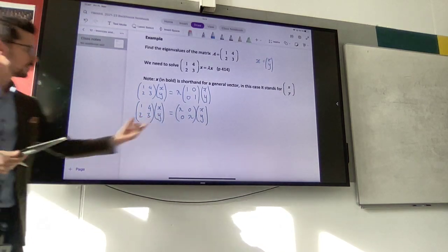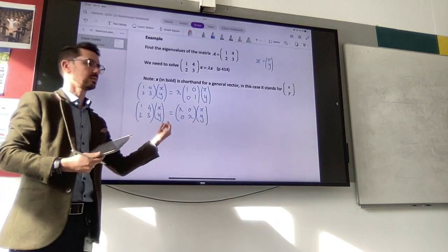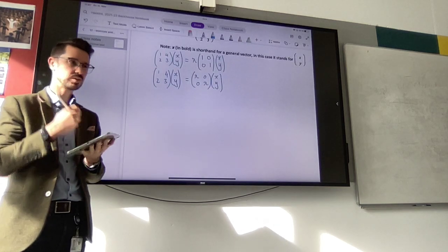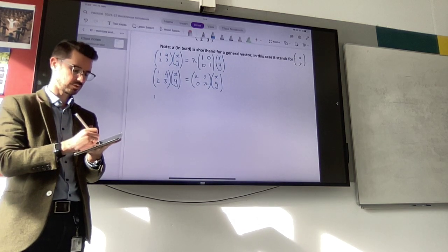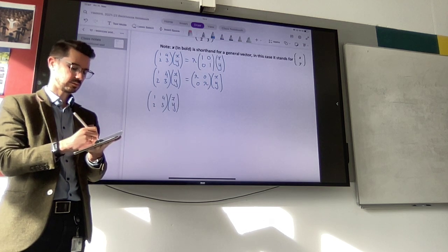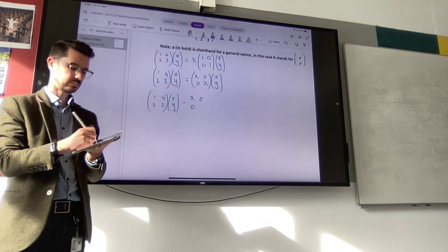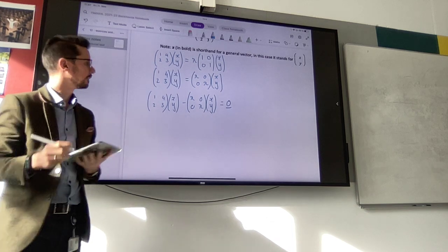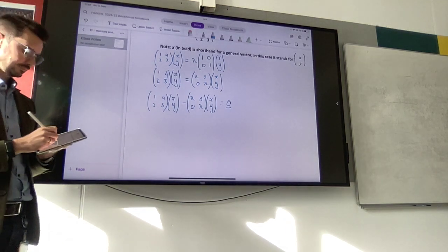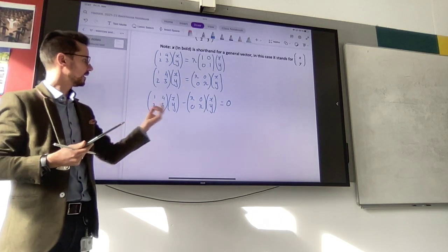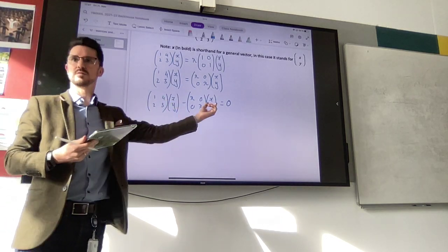My next step is I'm going to subtract this, so it ends up on the other side. And I'm going to do 2 steps now. I'm going to do the subtraction first of all. And then the next thing I'm going to do is factorize.